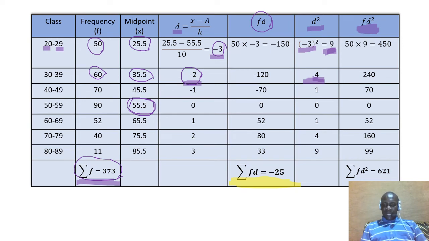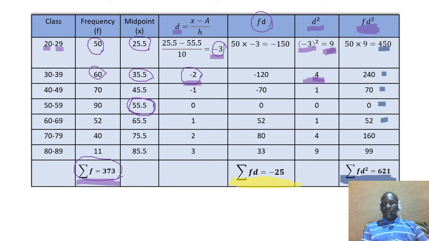Now, the next important one is called summation of FD squared. All those values we obtained here from 450 to 240, 70, 0, 52, all the way up to 99, if you add them together, we get 629. Congratulations, you have just filled your first frequency distribution table.